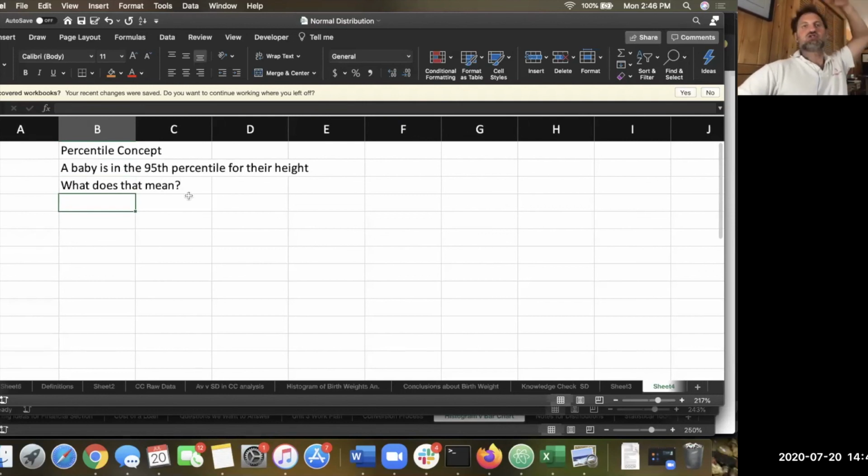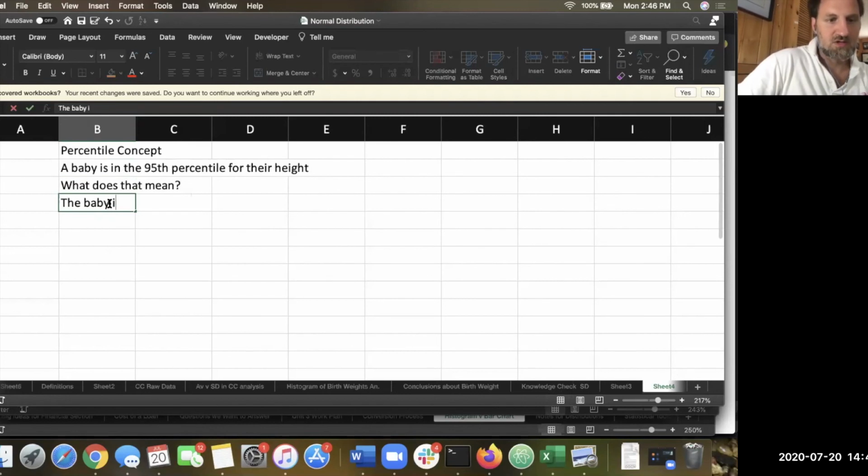Well, it's related to this idea about the normal distribution, and it's basically the way to interpret that is that the baby is taller, longer than 95% of the babies in the population.